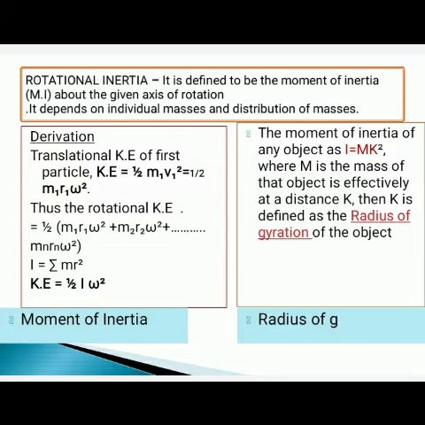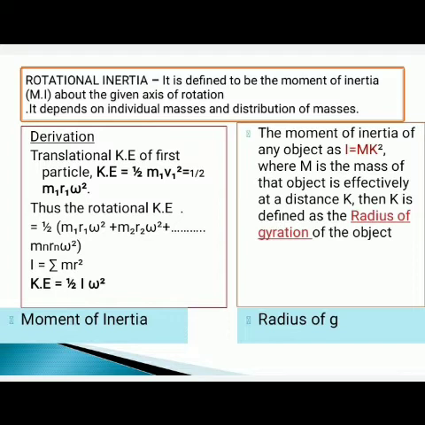Thus, the rotational kinetic energy of all particles is the summation, half m1 r1 square omega square plus m2 r2 square omega square, and so on up to the last particle, mn rn square omega square. Thus, the moment of inertia is the summation of m r square, and kinetic energy equals half I omega square.